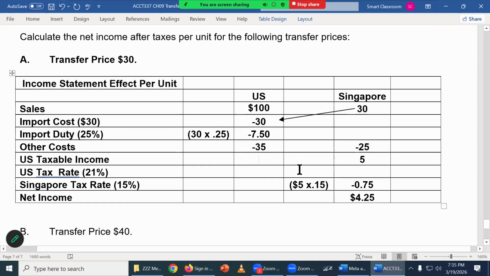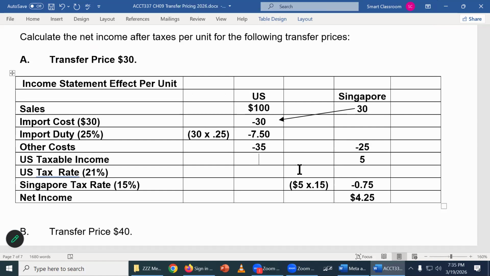US taxable income is some 100 minus the costs, 27.50.